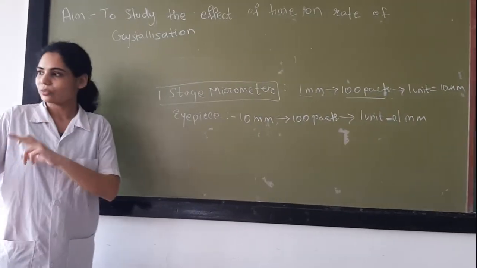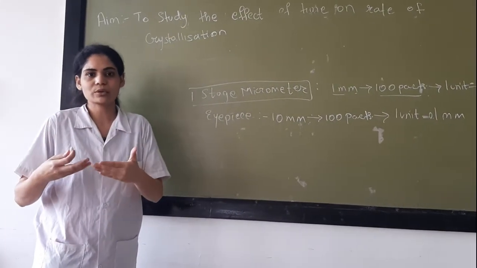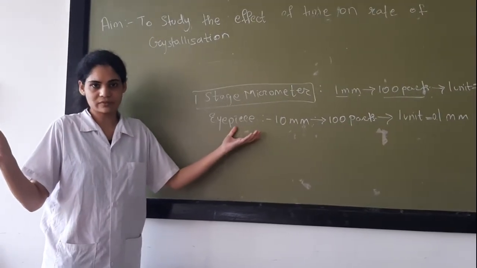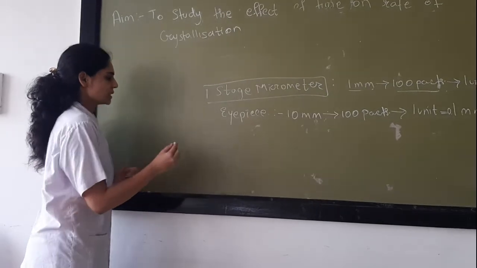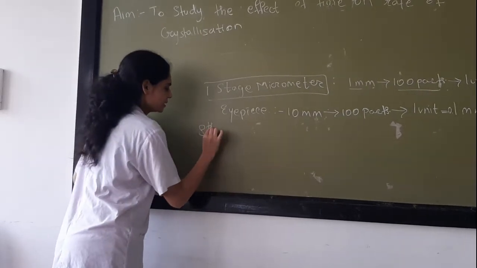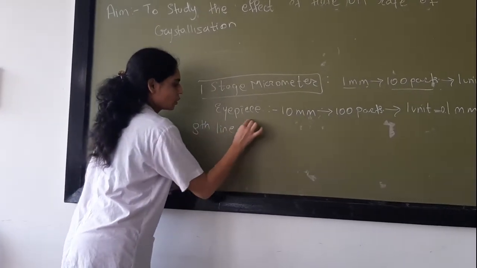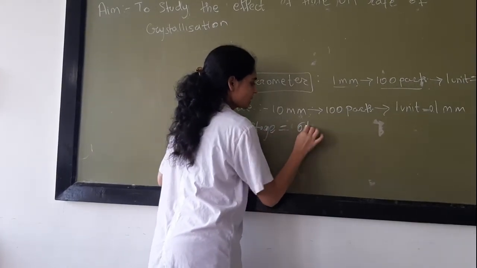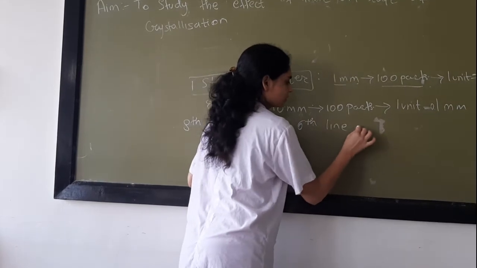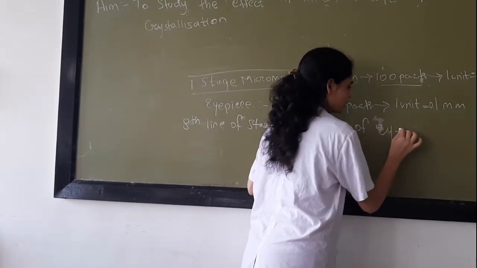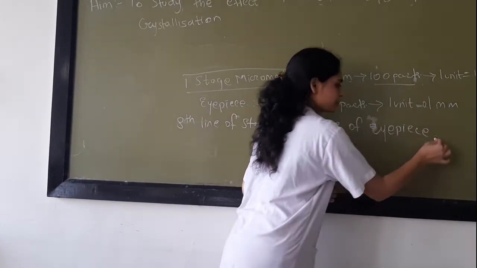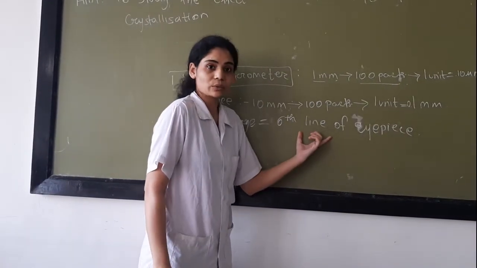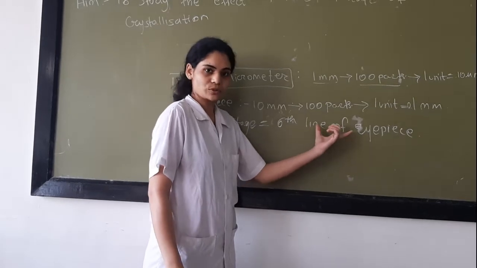Now I am going to show you how we do this. Our eyepiece shows the calibration that the 8th line of the stage micrometer coincides with the 6th line of the eyepiece. Now how will you calculate the distance between two lines of the eyepiece?